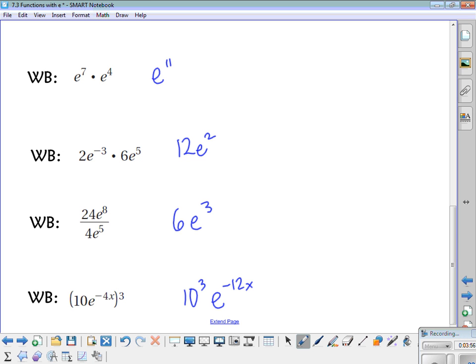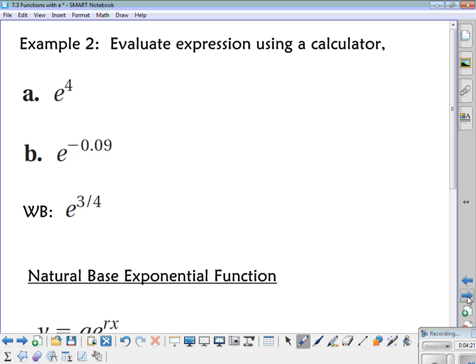The only thing that has a negative exponent there is the e. That's the only thing that would have to be flipped over. The 10 cubed is still on top, so 1,000 is on top of our fraction, and on the bottom we have e to the 12x, because after you move it, it's no longer negative. Okay? So that's that one. All right, next page.